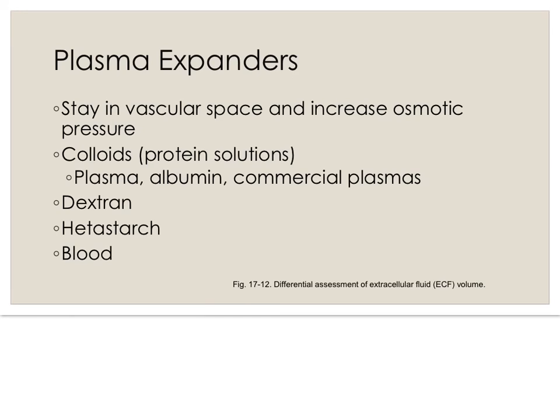Okay, last we're going to talk about volume expanders. And now we're on page 309 in your book. Now the difference between plasma volume expanders, which we call colloids, and remember we called the isotonic, hypotonic, and hypertonic solutions crystalloids.